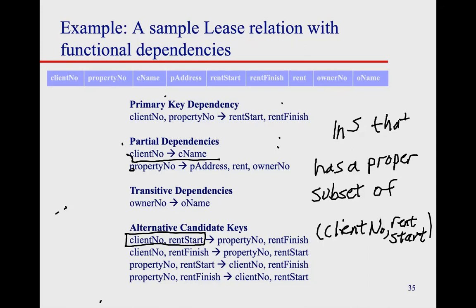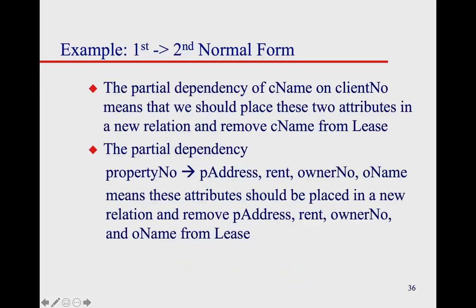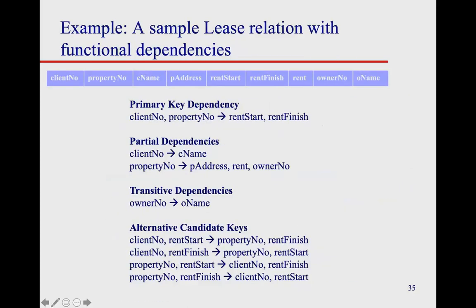So what we would do is now only use this one partial dependency to get us to second normal form.